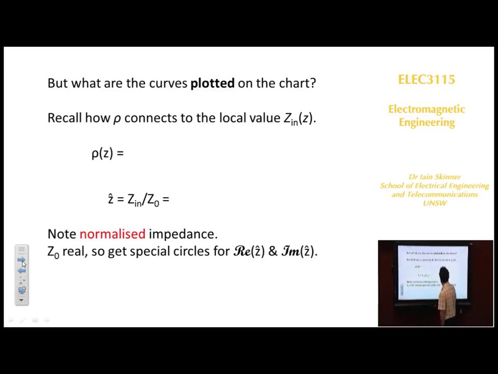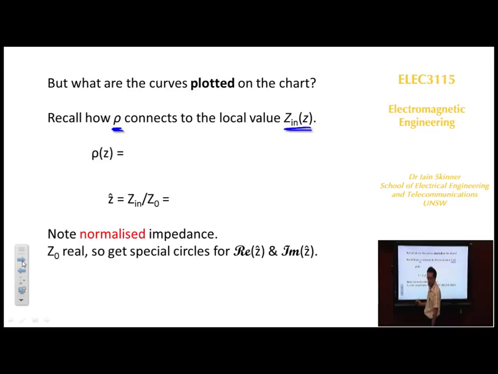Well, first, to understand them, you have to remember how the reflection coefficient connects to the input impedance. The input impedance is a number that varies along the line, the effective load at a point.